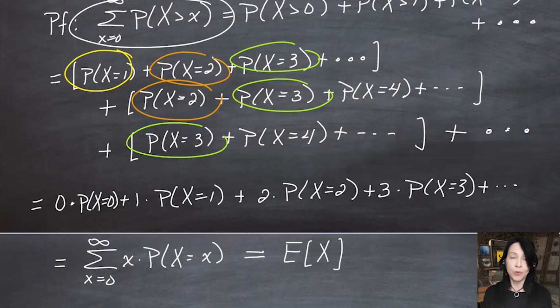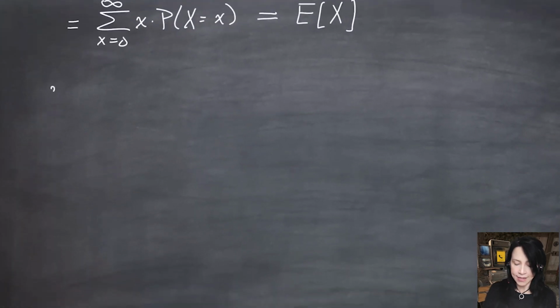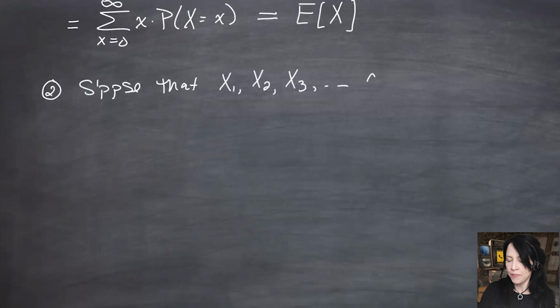So this is number 1 in our list of things that we're going to need. The second thing I'm going to put in this list, and the last thing, this is a pretty short list. Suppose that the random variables x1, x2, x3, etc. are independent and identically distributed.